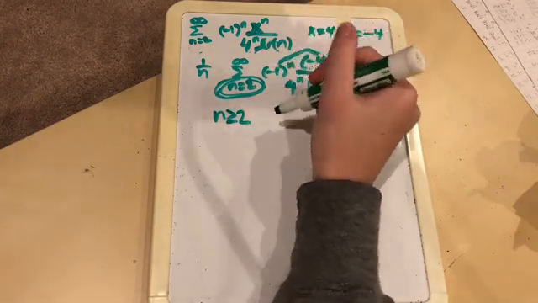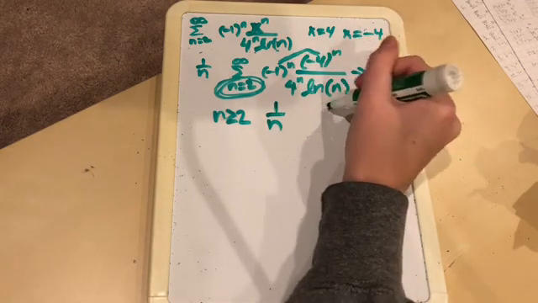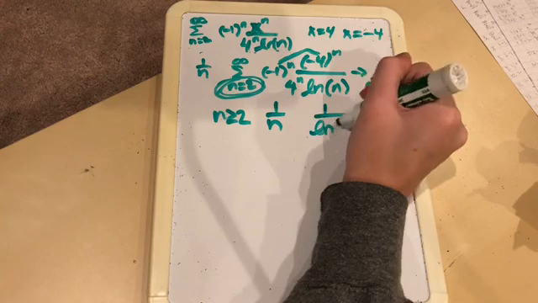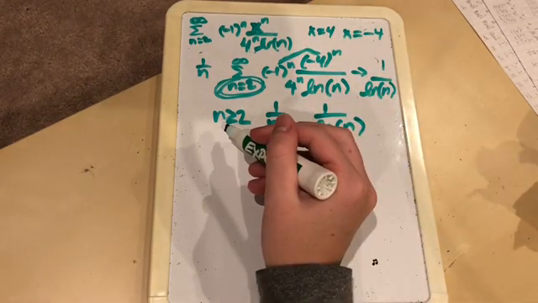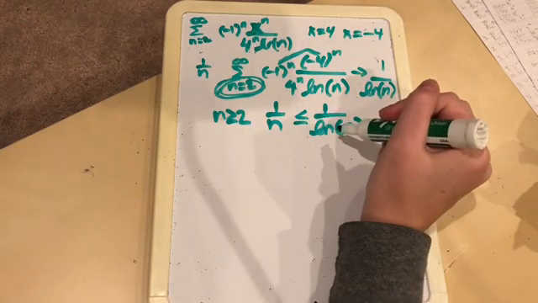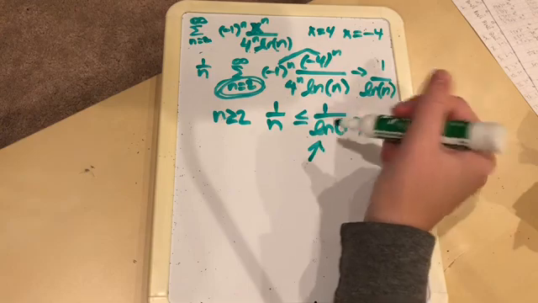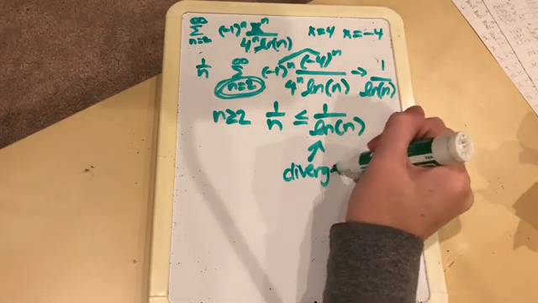So for this comparison, we're going to use 1 over n compared to this 1 over ln of n. And for values greater than or equal to 2, 1 over n is less than or equal to 1 over ln of n, which means that by comparison, this series diverges.